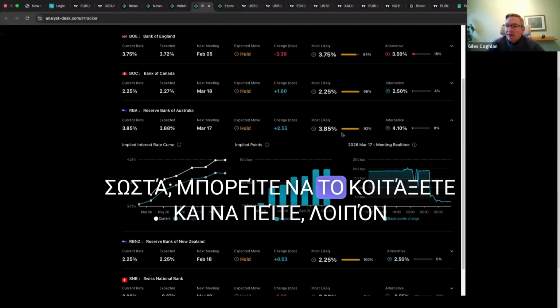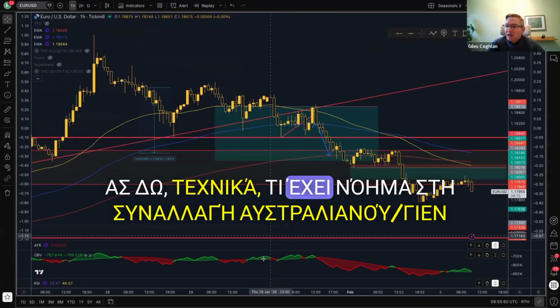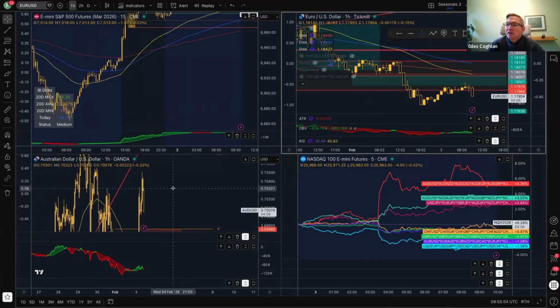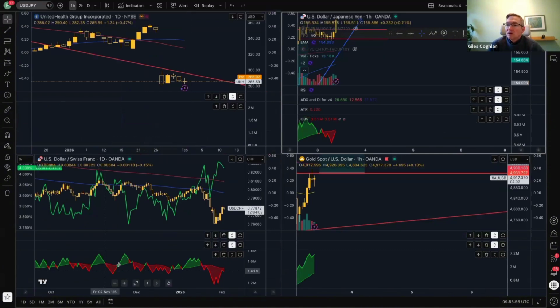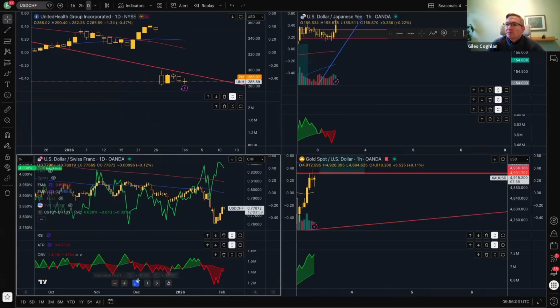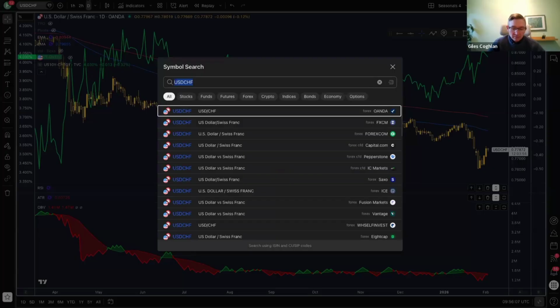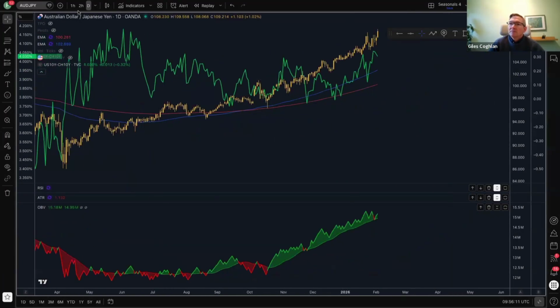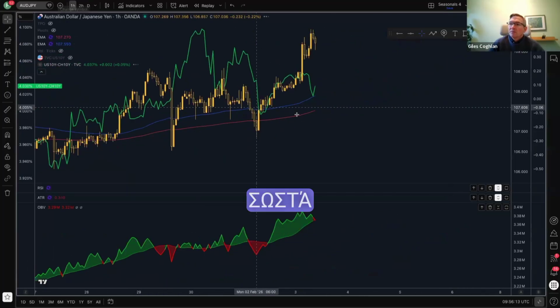So you can look at that and say, well, let me see technically what makes sense in the Aussie yen trade. Let's just see if I can Aussie US dollar. Right.